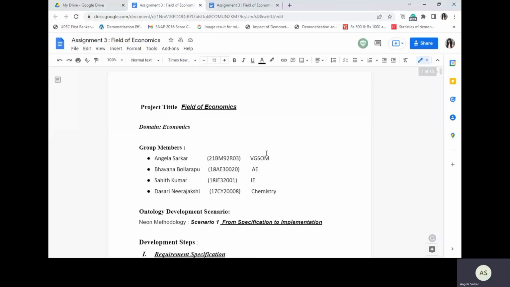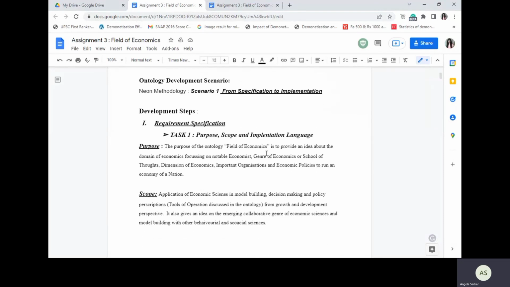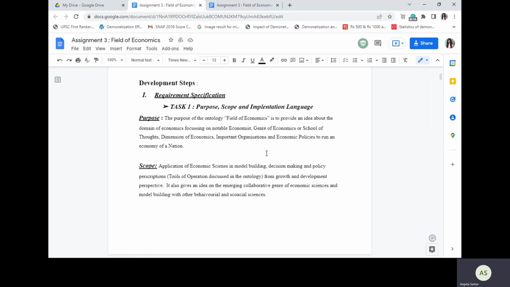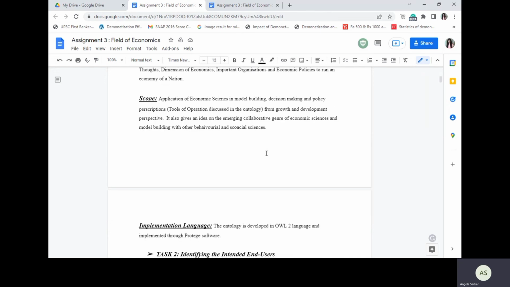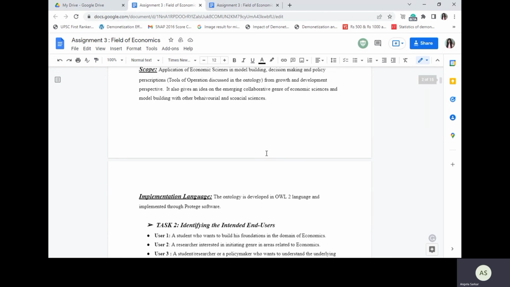This is a project work of our ontology, where as I started with the ontology, I said that we followed the NeOn methodology, where we followed scenario one from specification to implementation. This ontology's purpose is to provide an idea of the domain of economics, focusing on notable economics, genre, dimension, important organization.